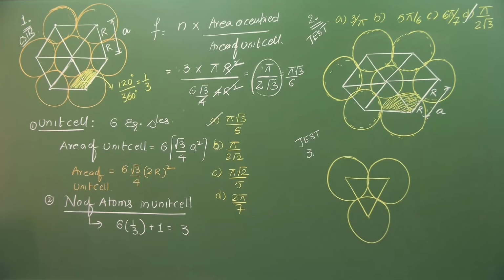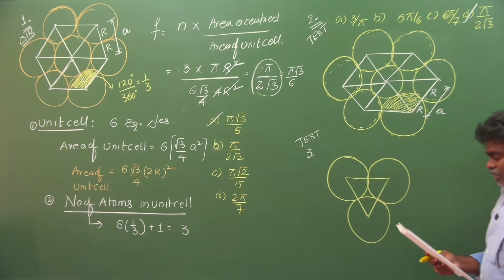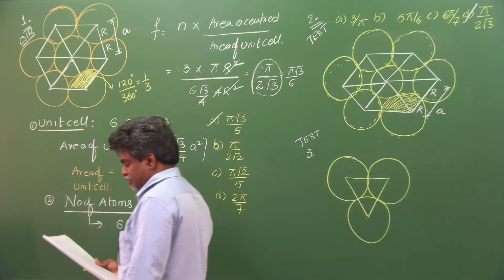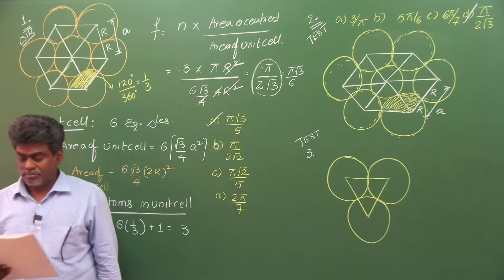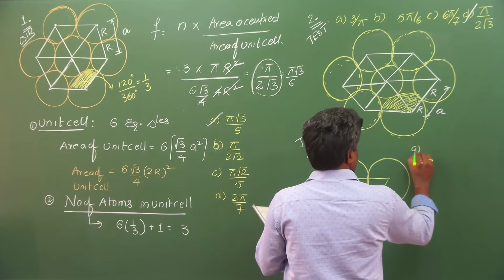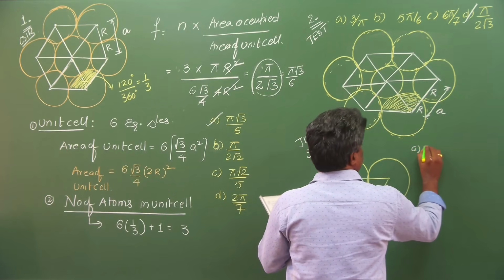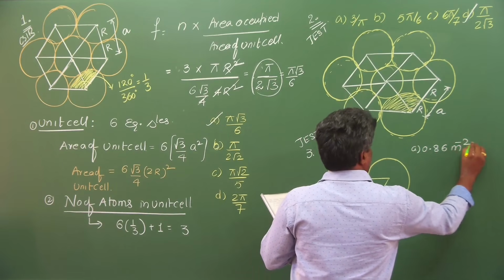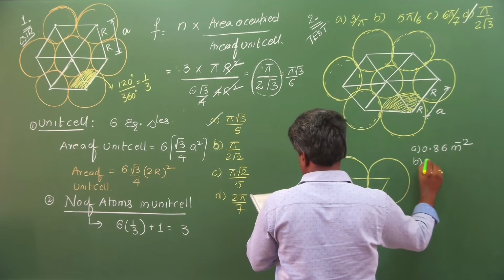The number of disks per unit area is approximately, option A, please write down.